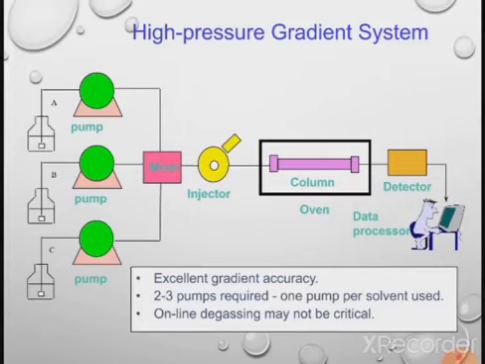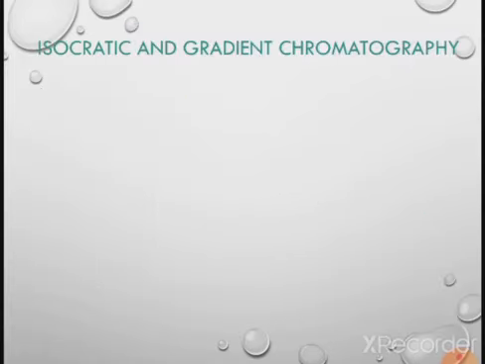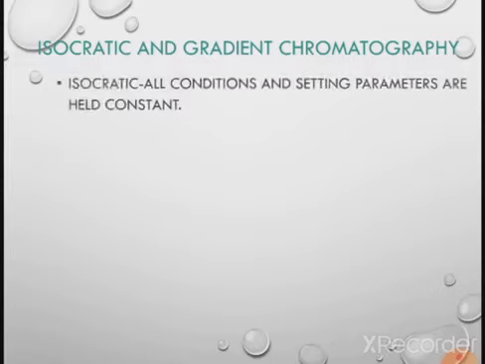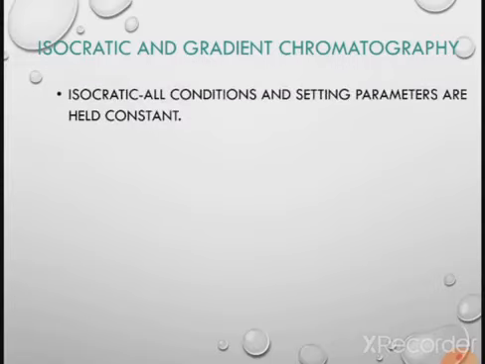Now the next part we want to learn is the difference between isocratic and gradient chromatography. Isocratic means all conditions and setting parameters are held constant. In the isocratic system, all conditions and parameters are kept constant, so such a system is called an isocratic system.